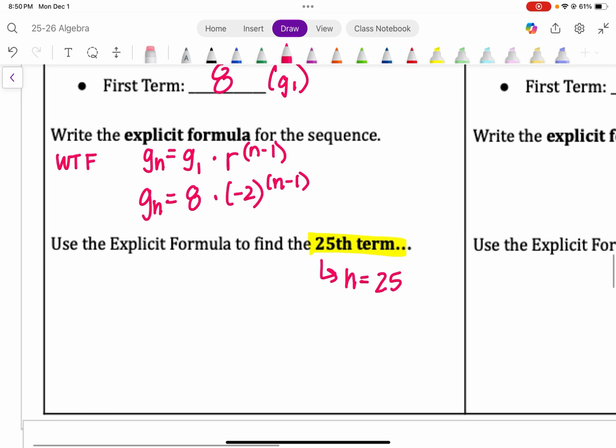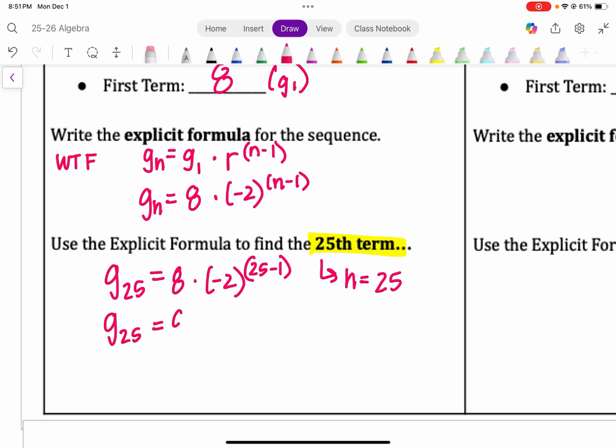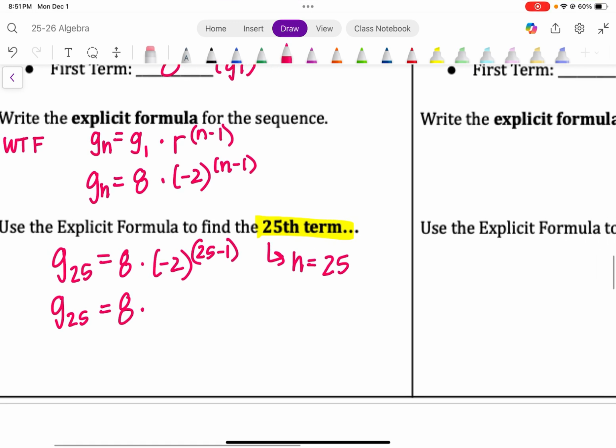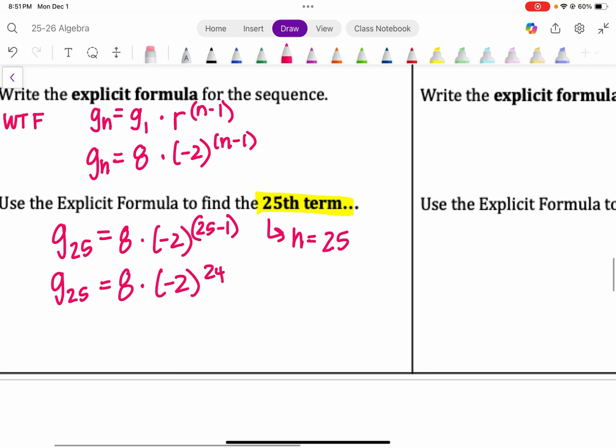So g of 25 equals 8 times negative 2 to the 25 minus 1. I'll simplify that first. G of 25 equals 8 times negative 2 to the 24.